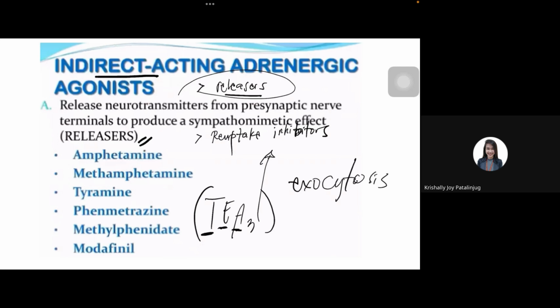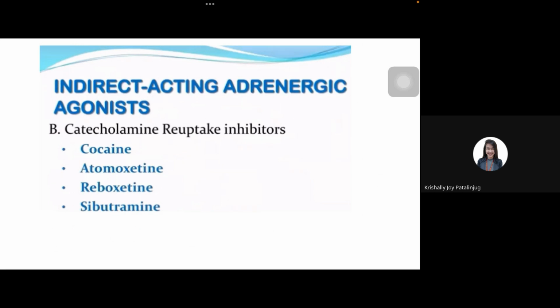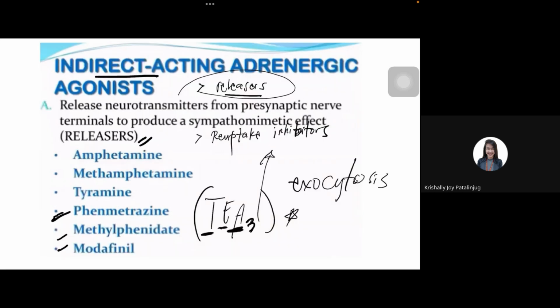But there's actually a rationale bakit hindi siya nakasulat dito. So mamaya sa slide, may ephedrine mamaya. Amphetamine, di ba? Three A's means amphetamine. Okay, kaya nakalagay dyan. So, you can make use of this mnemonics, then just add the rest na hindi nakasulat. Okay? So, yan yung releasers and yung reuptake inhibitors, ito yon.